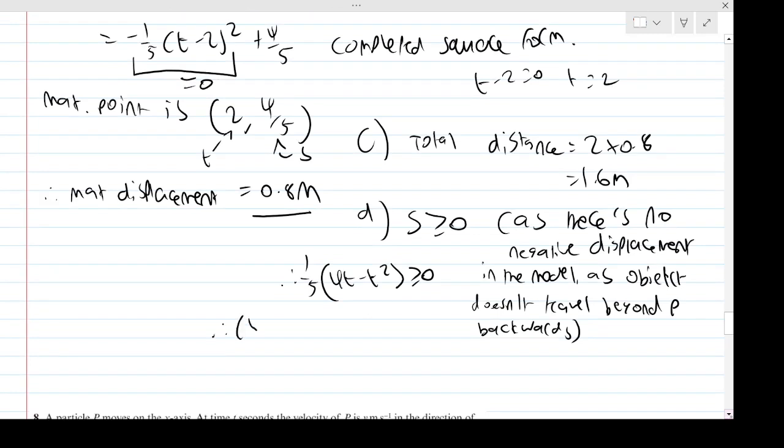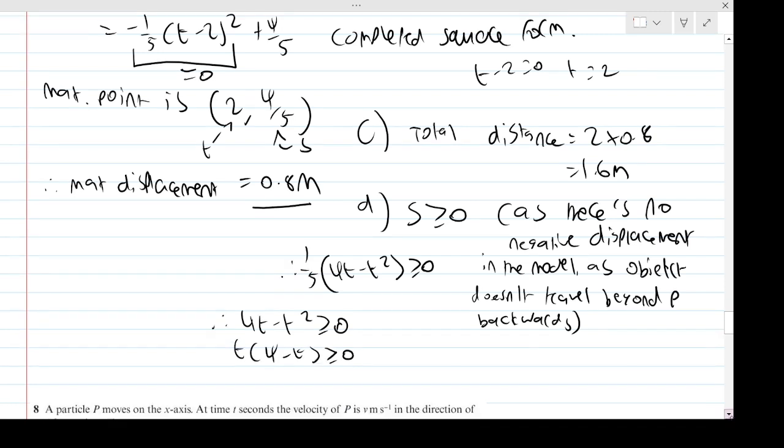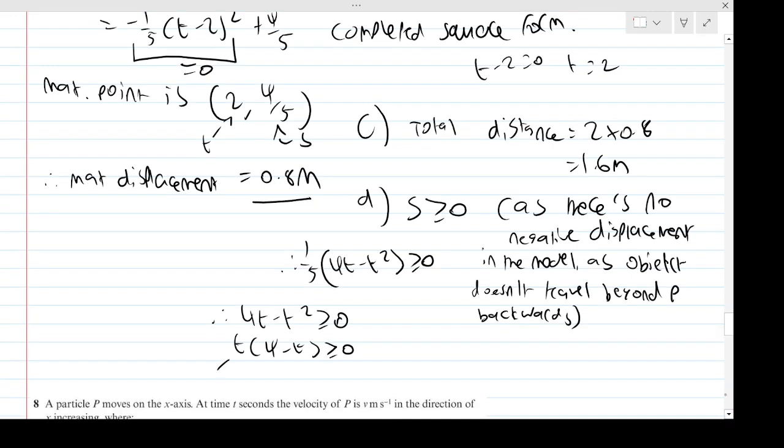So 4t minus t squared has to be positive for the whole thing to be positive. And so again, if I factorise this, I get t lots of 4 minus t greater than or equal to 0. Now, t has to be greater than or equal to 0 by default, right? Because t cannot be negative, time cannot be negative.